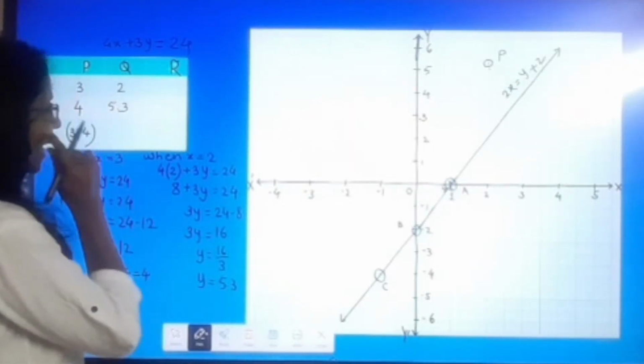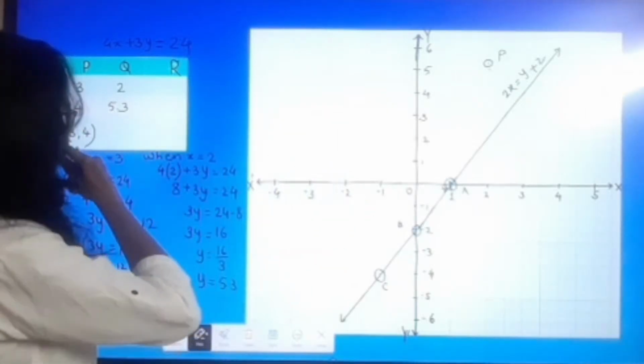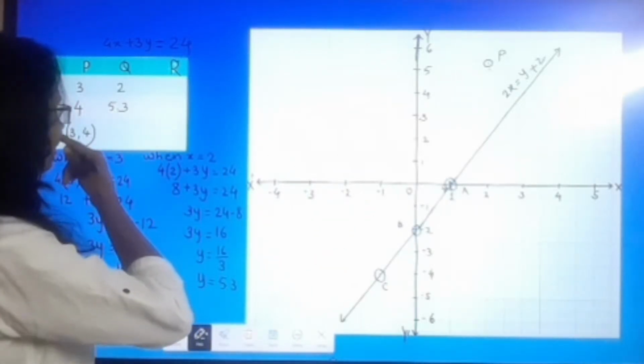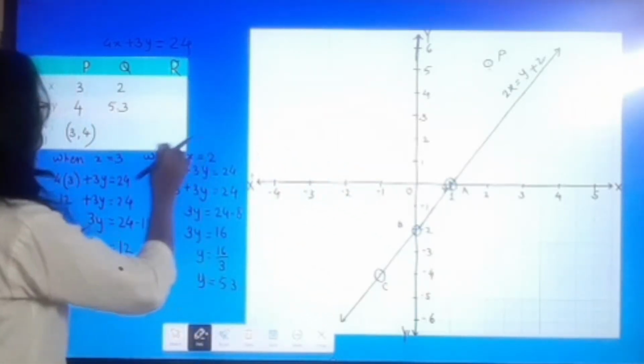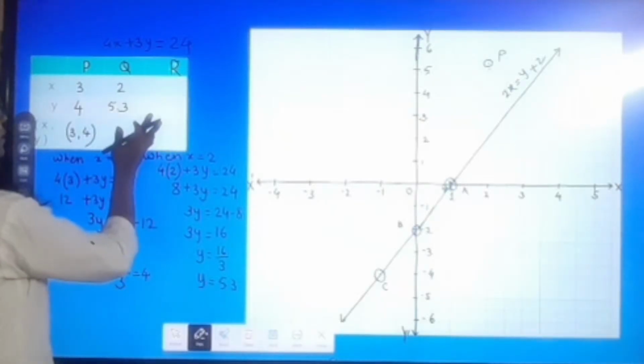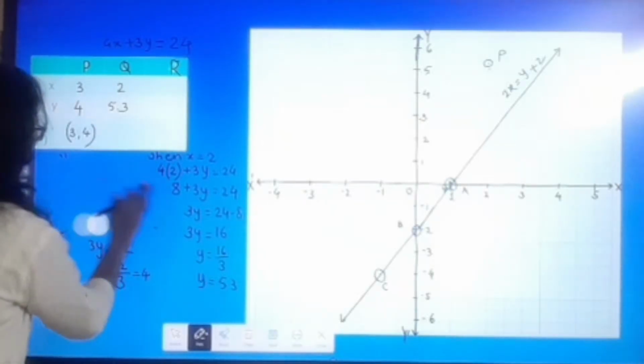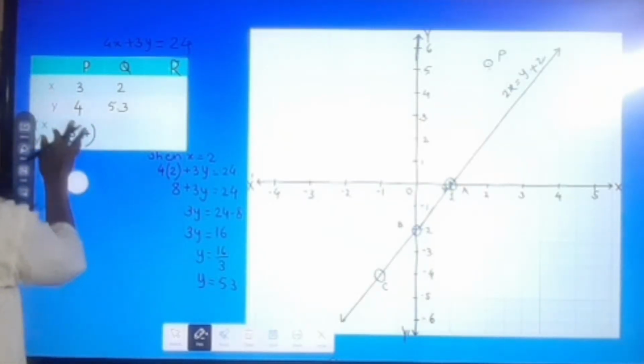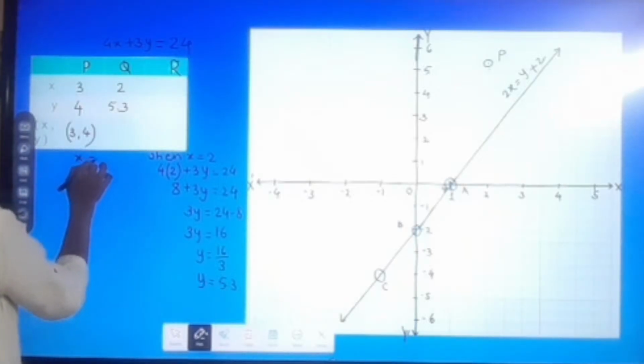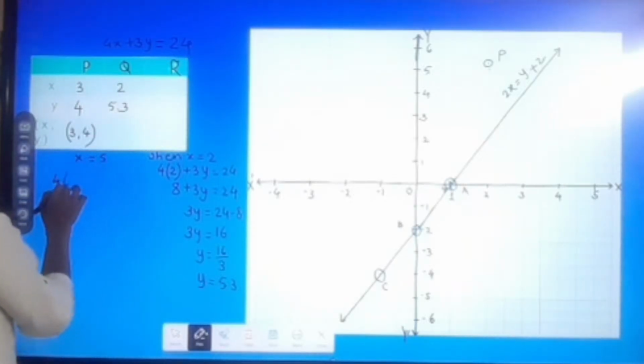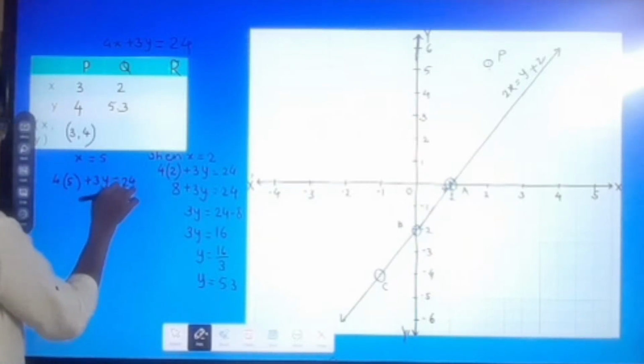So I take 6, now 5. If I take x is equal to 5, then here 4 multiply 5 plus 3y is equal to 24.